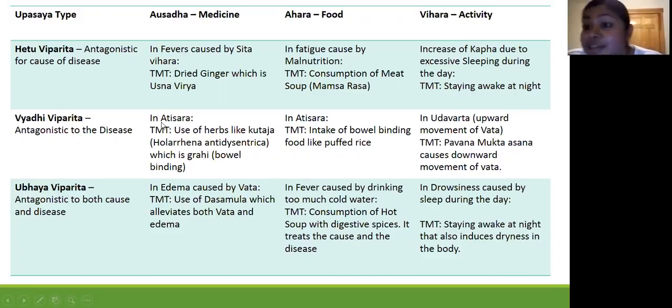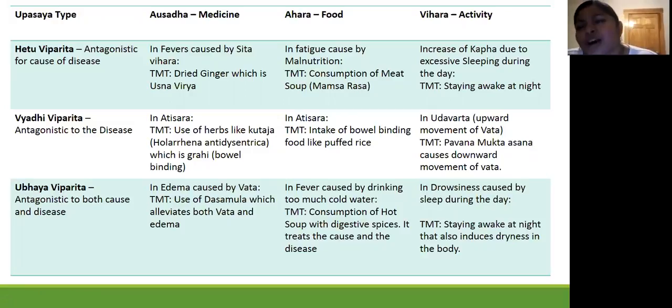In diarrhea, there is excessive expulsion of loose bowels. We know that the cause for that is usually manda agni. But kutaja here is not addressing manda agni. Kutaja is addressing the disease, the symptoms of the disease. So you can partially say that this is symptomatic treatment, okay? We're looking at treating the disease itself. We're not really addressing the root cause.